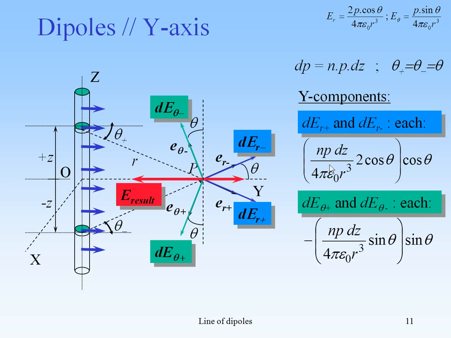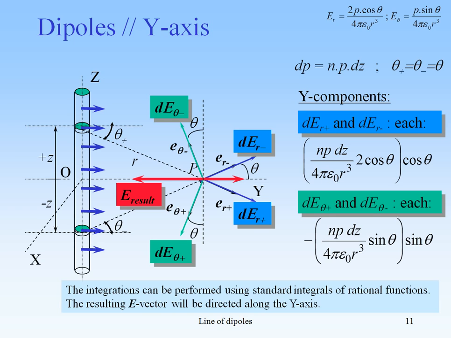And the theta components are similar, but with the sine theta instead of 2 cosine theta, and we need the sine component to obtain the component directed along the y-axis, and there is a minus sign because the two theta components are directed towards negative y's.